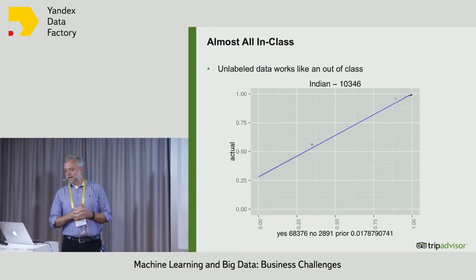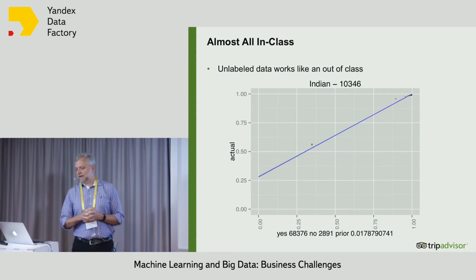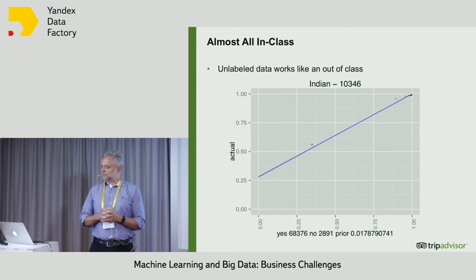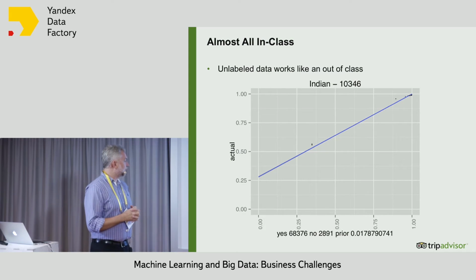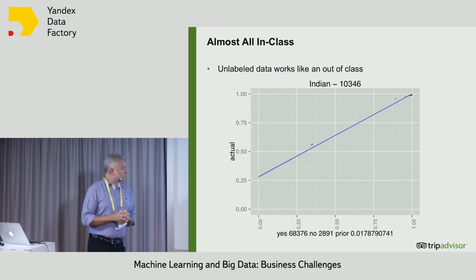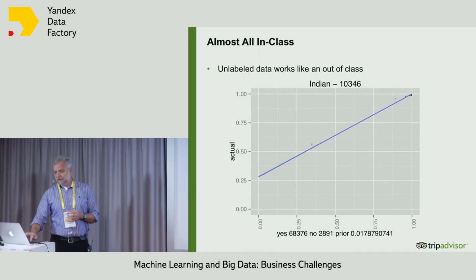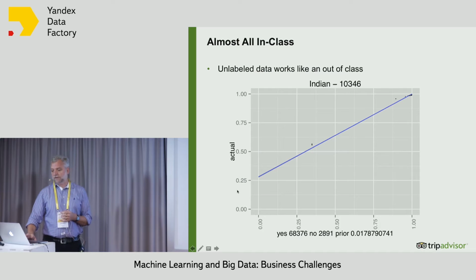So let's take a look at another example, which is almost all the data being in class. Here's a little chart that I like looking at for these things when I have very lopsided data sets. What I have is the predicted values for a particular model and the actual values. These are all out of sample, they're cross-validated.